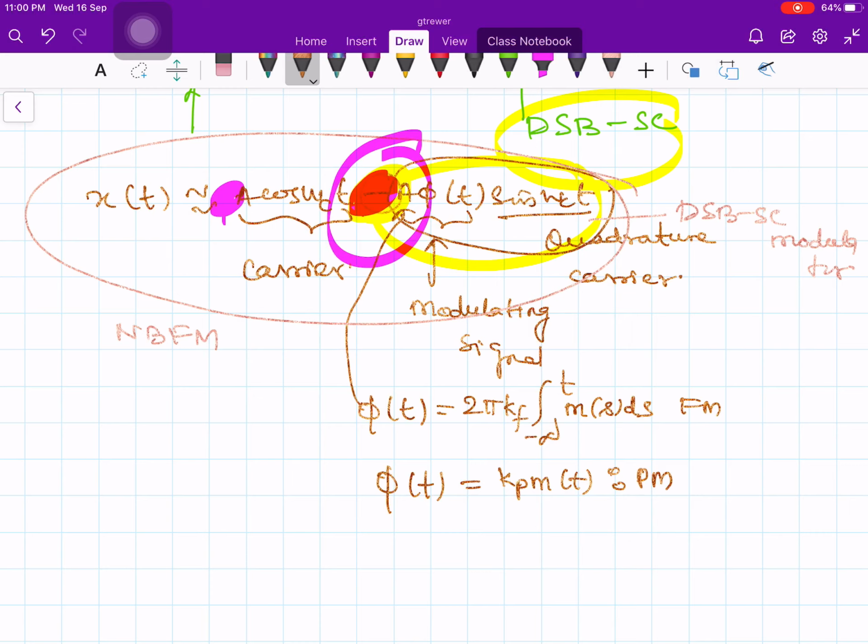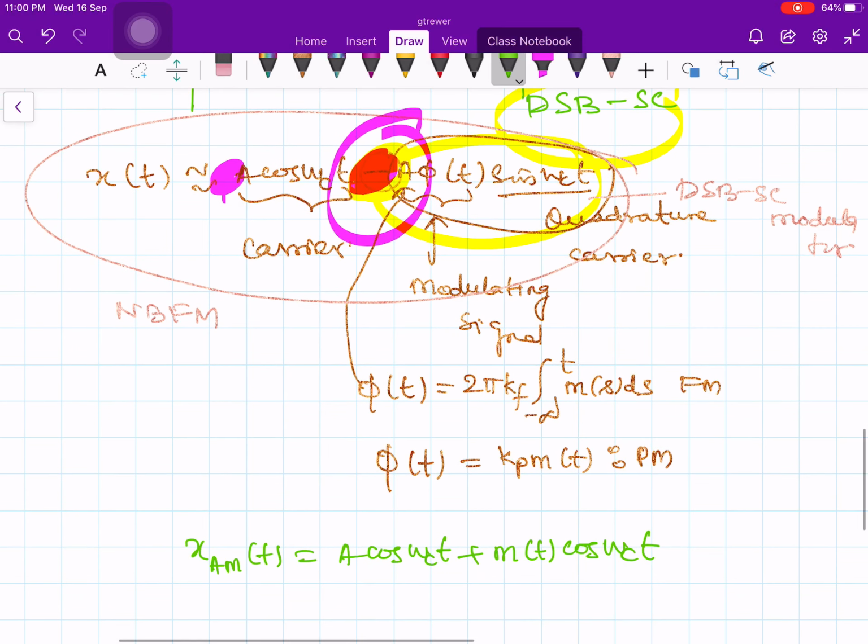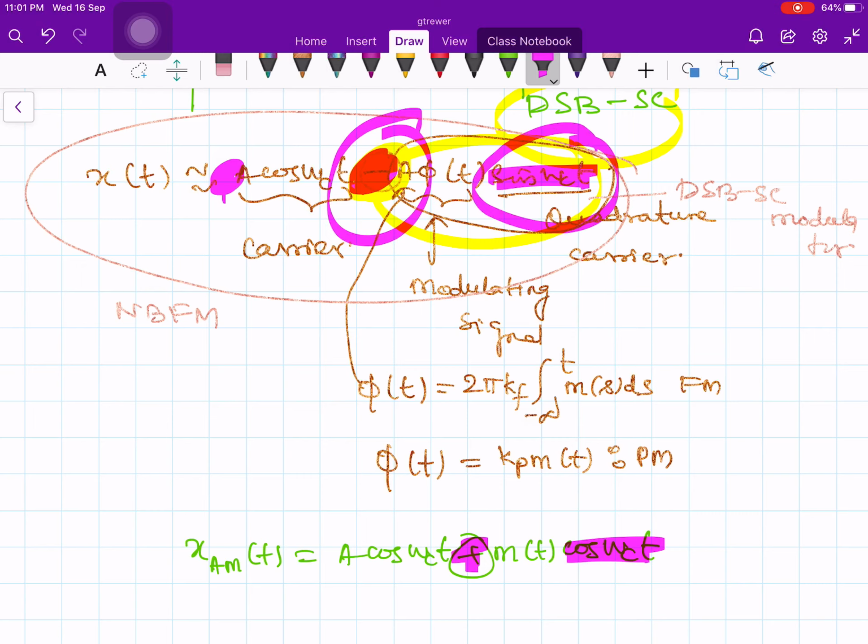Let me write down x AM of t is equal to a cos omega ct plus m of t cos omega ct. So here you have a plus sign, and here you have sin omega ct, there you have cos omega ct. These are the two differences. So this is the quadrature carrier and this is the in-phase carrier.